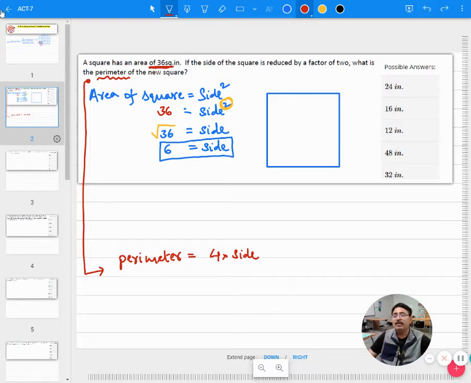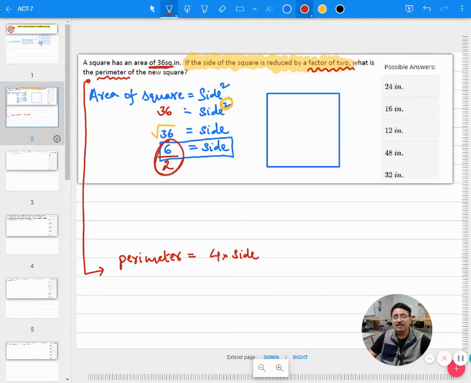But don't forget, there is some condition in between. That is, if the side of this square is reduced by a factor of 2, reduced means it is diminished. A factor of 2 means this is divided by 2. Again, I am repeating. It says reduced by a factor of 2.